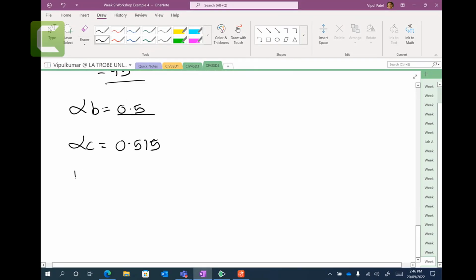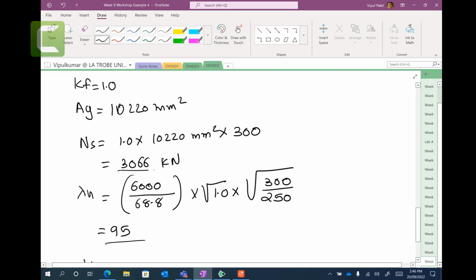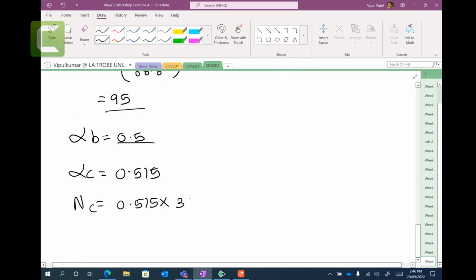So in that case, Nc equals 0.515 times Ns, 3066 would give you 1579 kilonewtons. Look at that, how much it is wiped out.